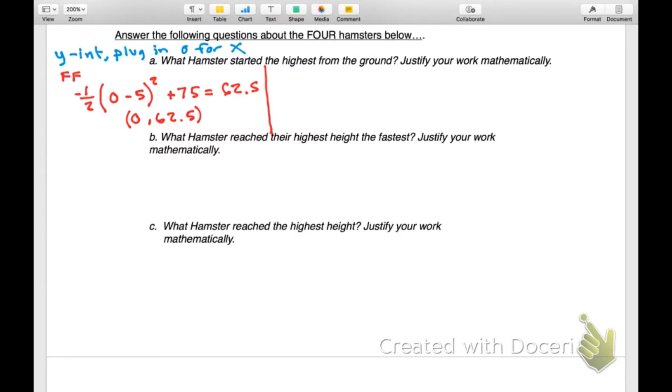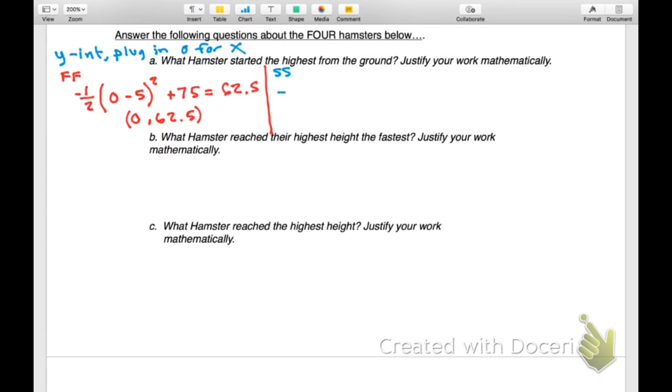So he started 62.5 feet off the ground, because remember the y-axis stands for feet. Next one we're looking at is the Squeaking Scorcher. I'm going to do this hamster acrobat in blue. Again, we're plugging in 0 for the x's to find how high it started off the ground.